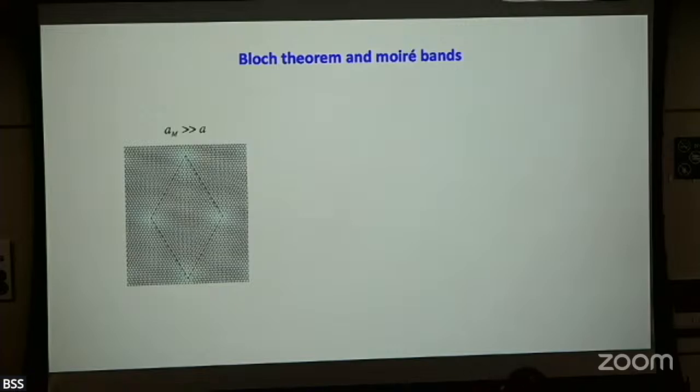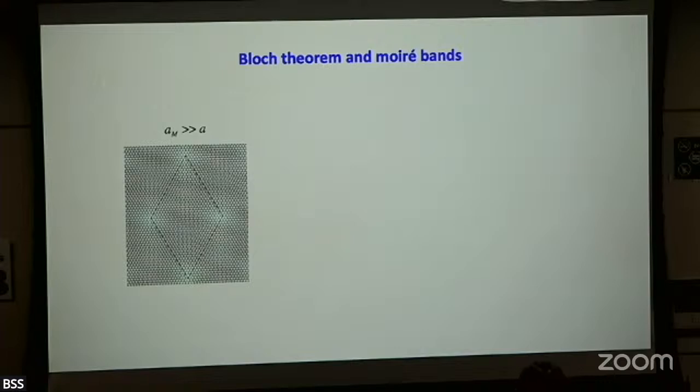But if the Moiré period is much bigger than the atomic length scale, and we are talking about semiconductors or semi-metals, their states are confined in some momentum space. In that case, for the low energy physics, the electrons will see the structure as periodic.